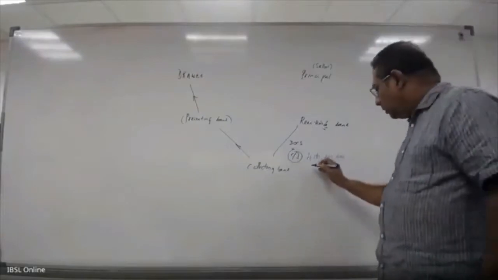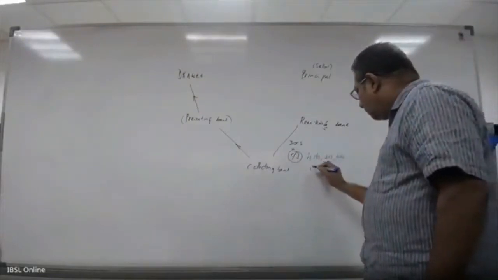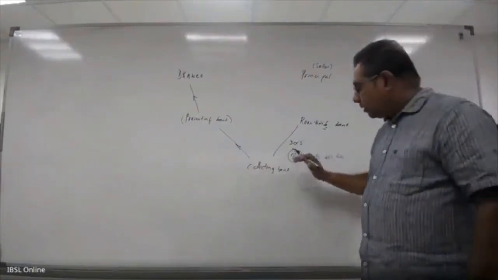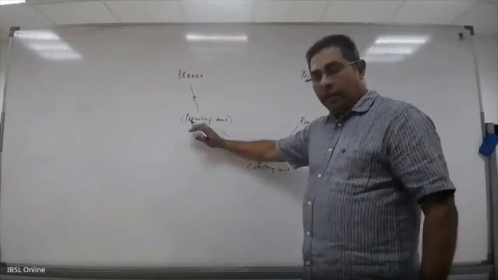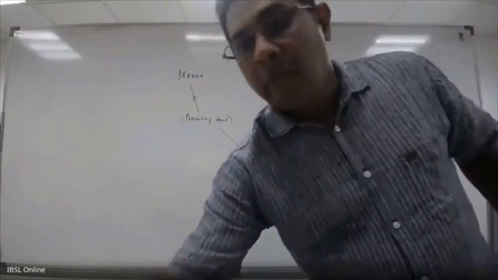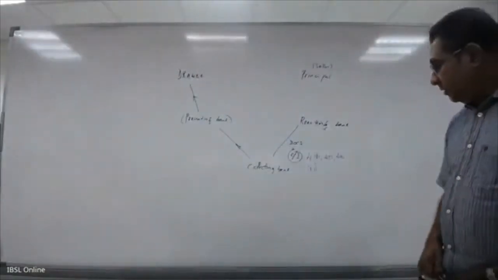In 4B, there are 11 conditions to be stipulated and what instructions to be carried out by the presenting bank. These 11 instructions are given by the remitting bank in the collection instruction.